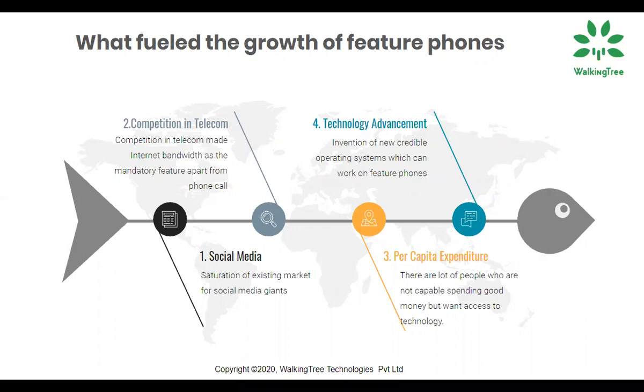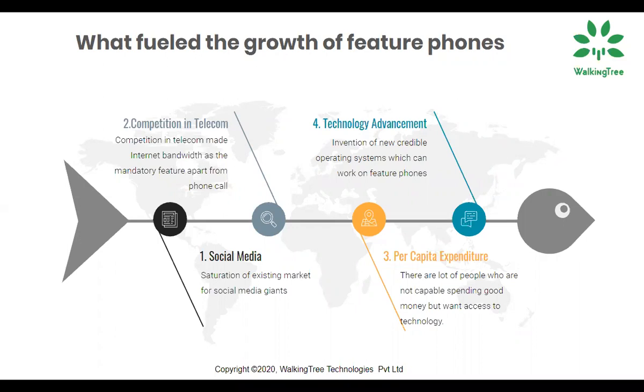The next important aspect is something that changed rapidly. Until maybe 2014 or 2015, the primary job of phones was to provide a facility to make a call and receive messages. Providing internet facility was not a primary job, not a mandatory need for telecom companies.